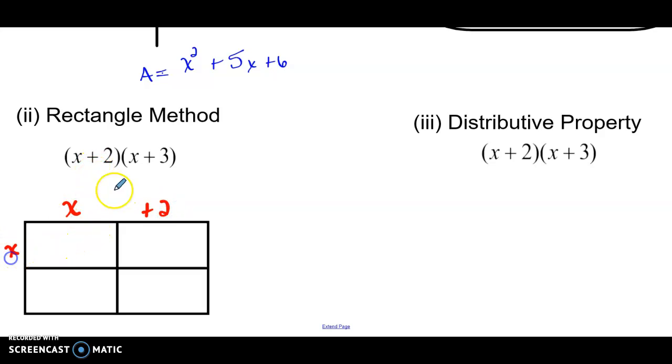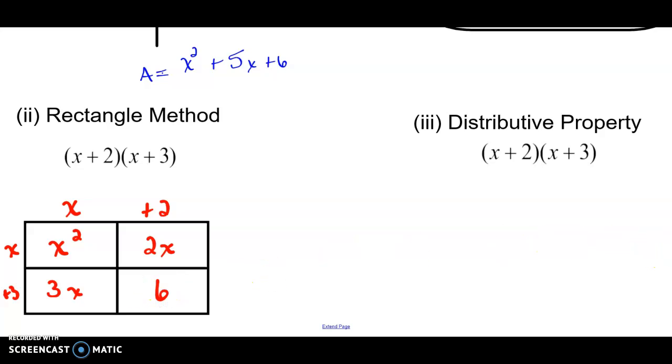I'm going to use the x from my second factor and a positive 3 from my second factor. And then I say, it's like Battleship. I multiply x with x and I get x squared. Keep going. x multiplied by 2 is a positive 2x. 3 multiplied by x is 3x. And 3 multiplied by 2 is 6.